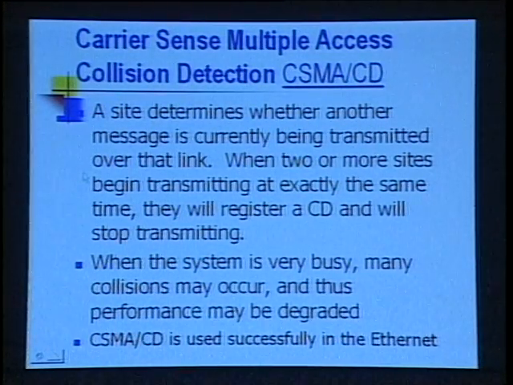When two or more sites begin transmitting at exactly the same time, they will register a collision detection and will stop transmitting. When the system is very busy, many collisions may occur, and thus performance may be degraded. CSMA/CD is very successfully used in Ethernet networks.